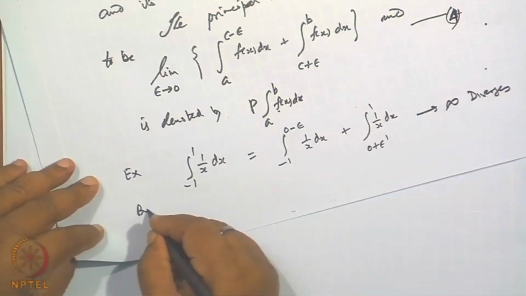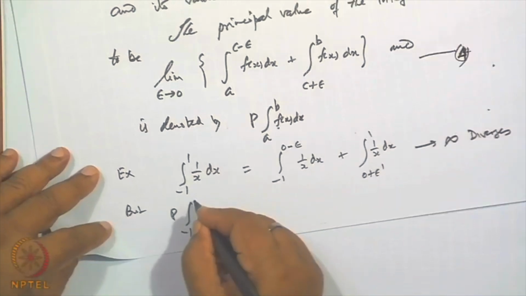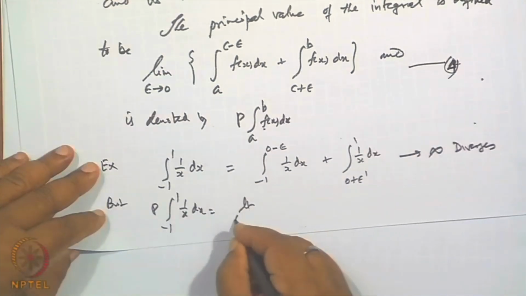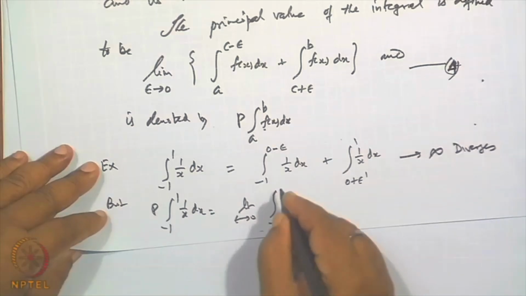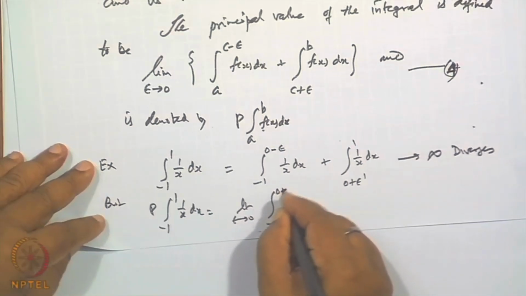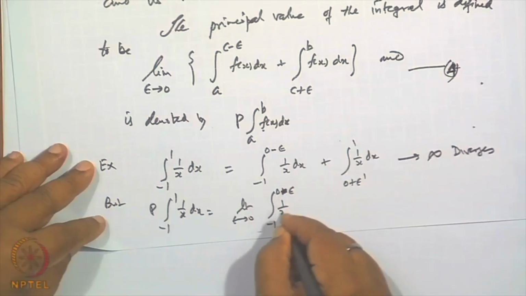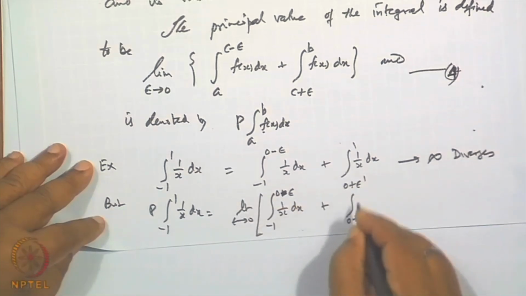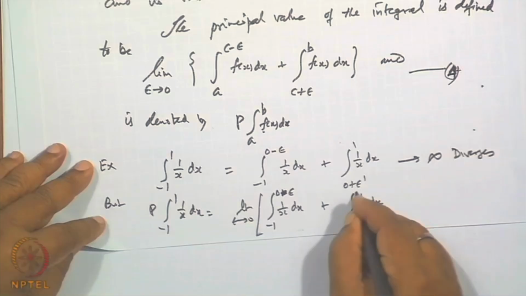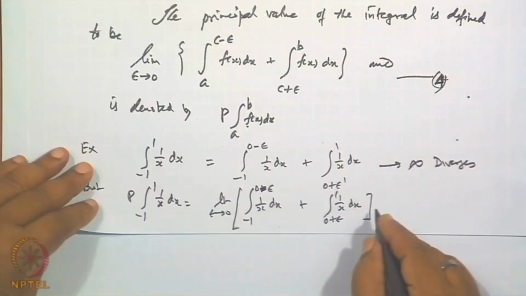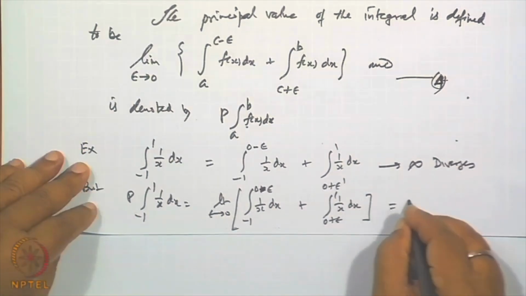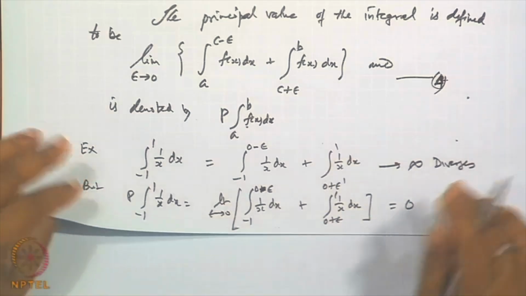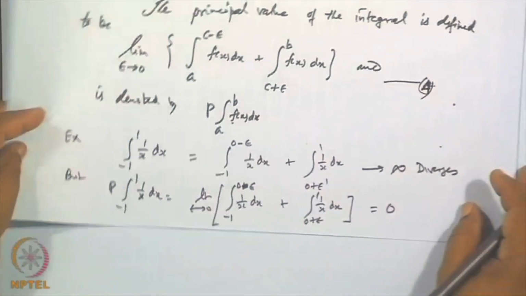But if we take the principal value of this integral of 1 by x dx, this is the limit as epsilon tends to 0 of the integral from minus 1 to 0 minus epsilon of 1 by x dx plus the integral from 0 plus epsilon to 1 of 1 by x dx. The value will come out to be 0. Just integrate it, substitute, get the answer. So the principal value will exist.